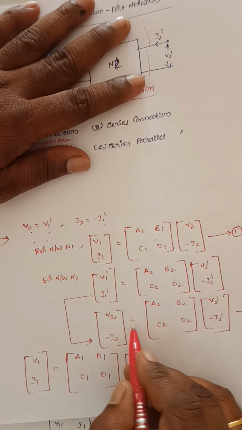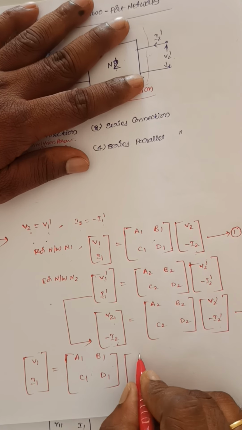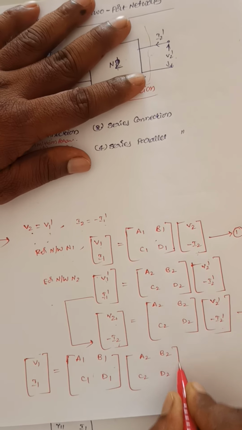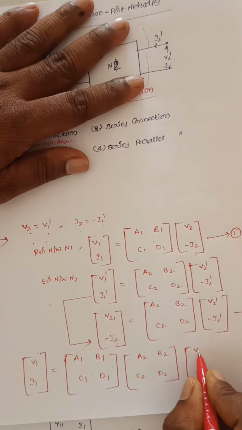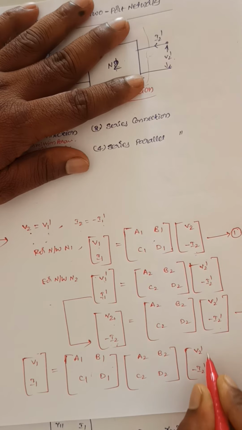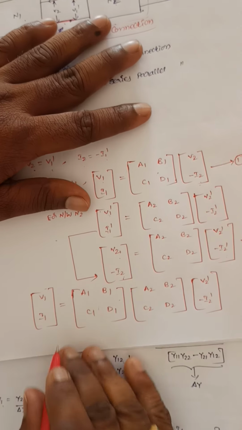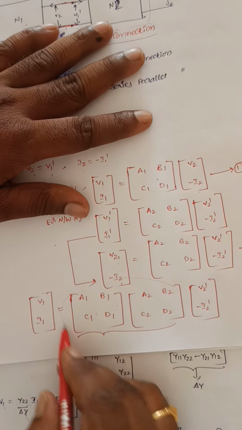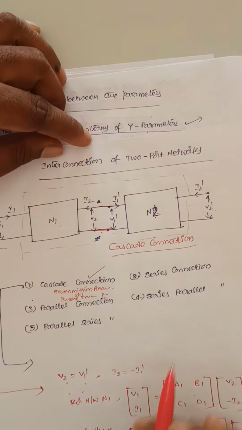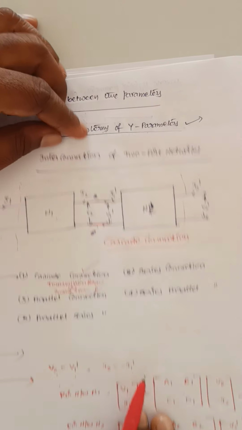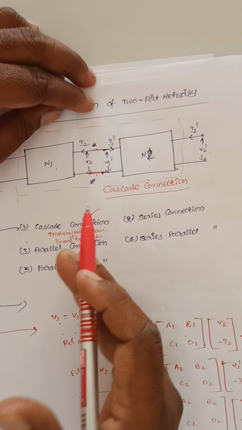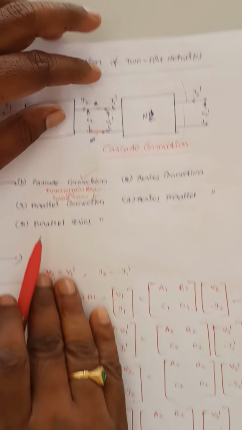Here you replace V2, minus I2 with A2, B2, C2, D2 times V2 dash, minus I2 dash. So finally, the equivalent ABCD parameters for the combination of these networks can be calculated by multiplying the individual transmission parameters.